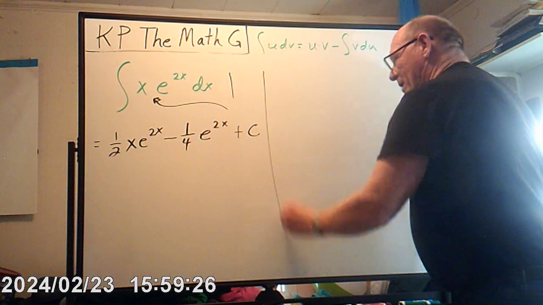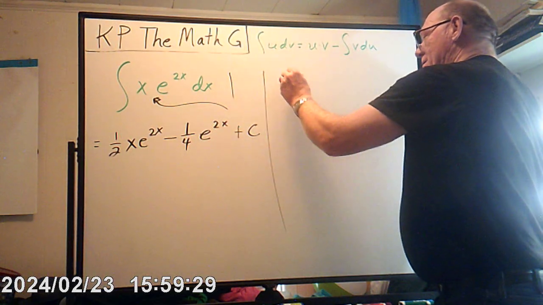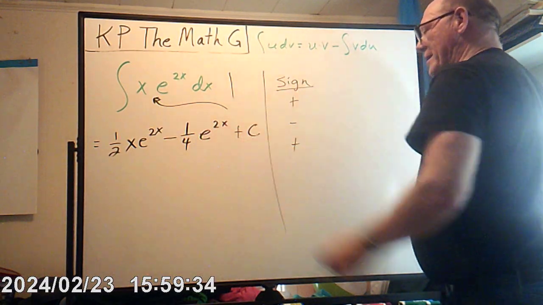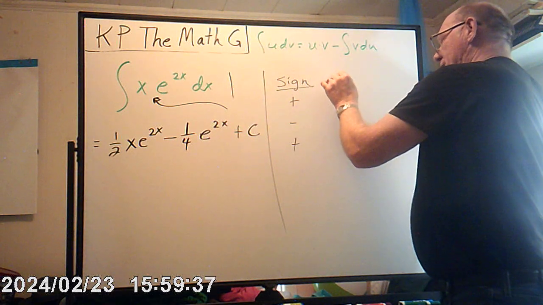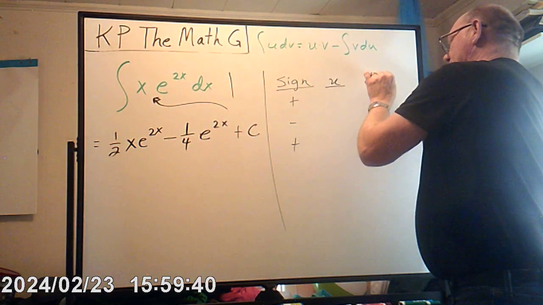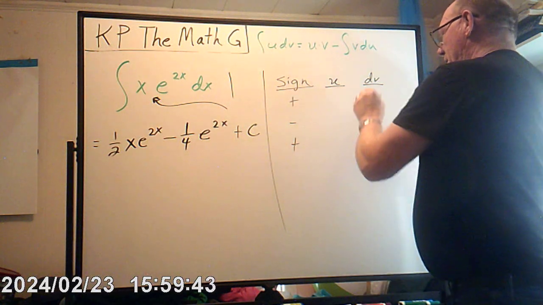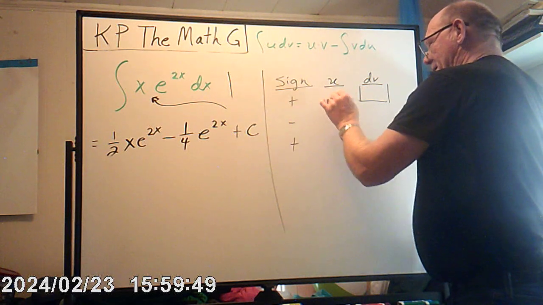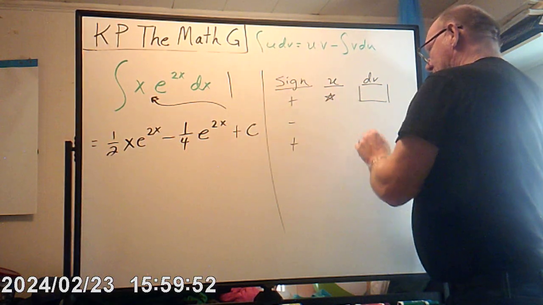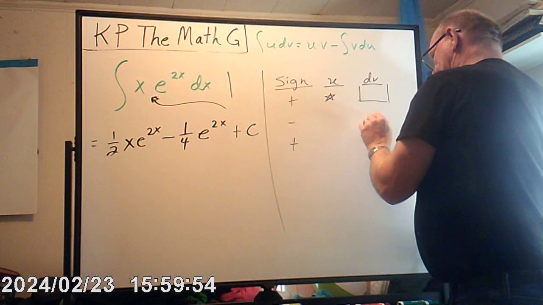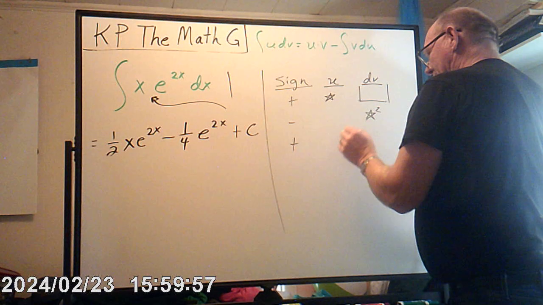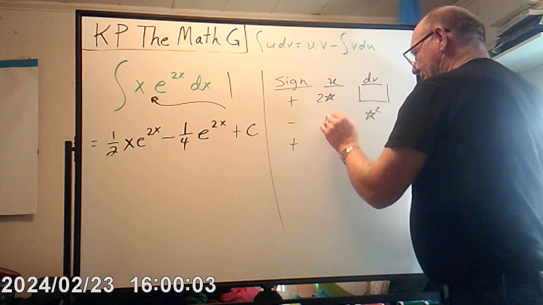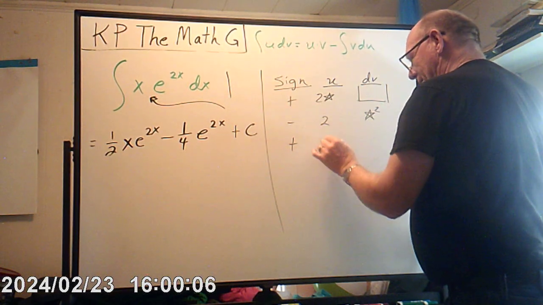Okay, once again, in summary, when you're doing the tabular, you want to have 3 categories: sign, plus, minus, plus, like we did last time. You want to have u, and you want to have dv. Okay, you want to ignore this part. Let's say right here you have something like a star squared, and then right here you got 2 star, and then 2, and then 0.